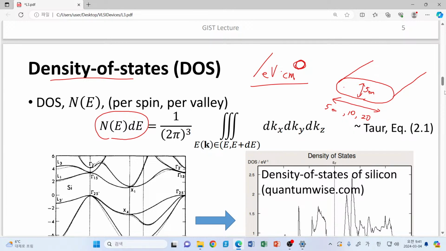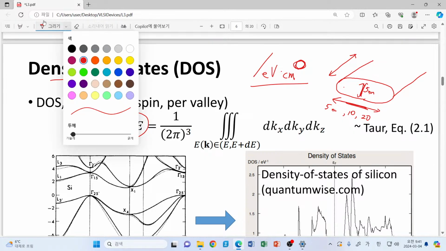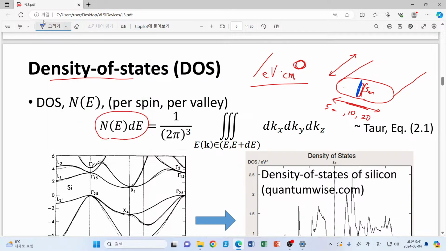That is a reasonable size for this direction and another direction. Of course, along the third direction, we have a relatively long channel, much longer than that. In this case, can you expect free movement along this direction or that direction?